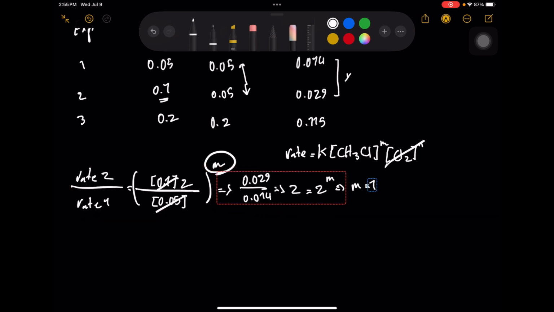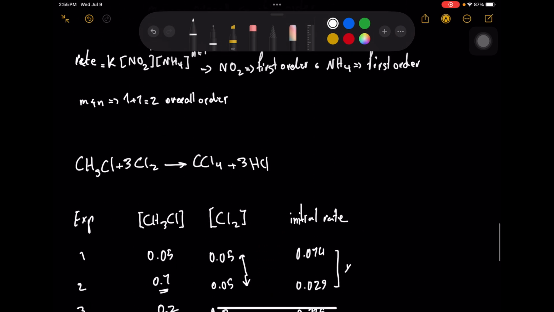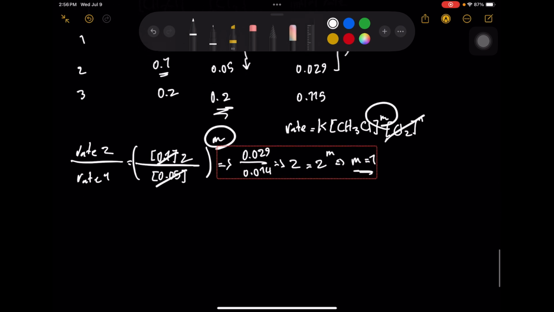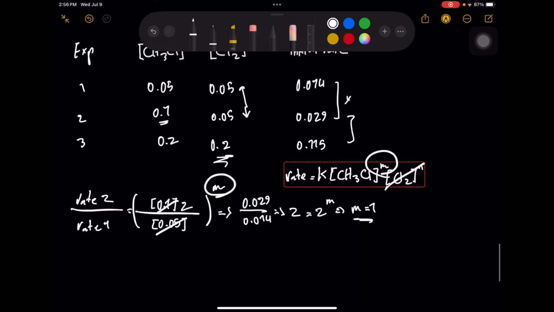What does it show now? Since we have m, the order of CH3Cl, we just need to use the other two experiments to find n for Cl2 and write the rate law.